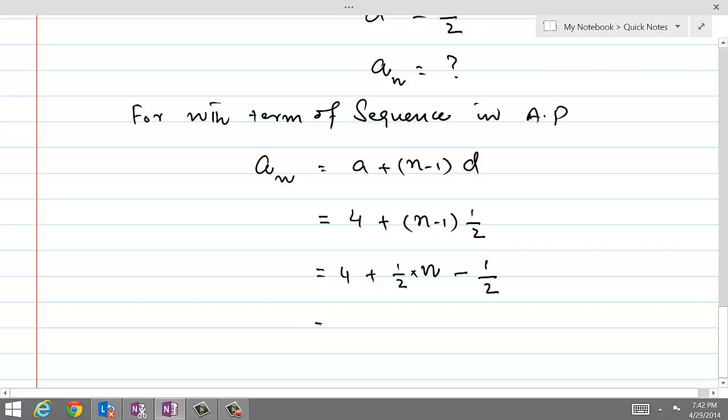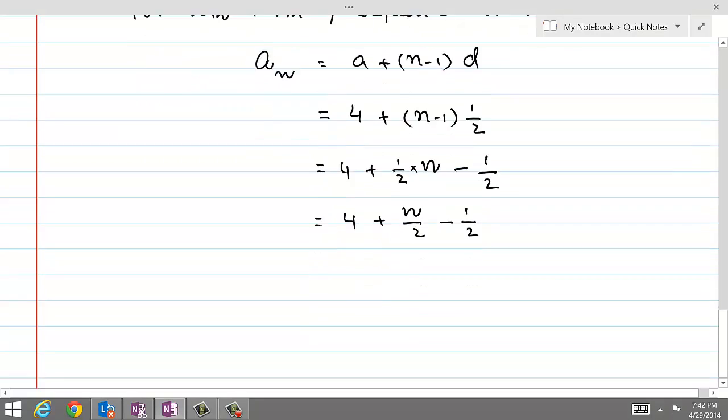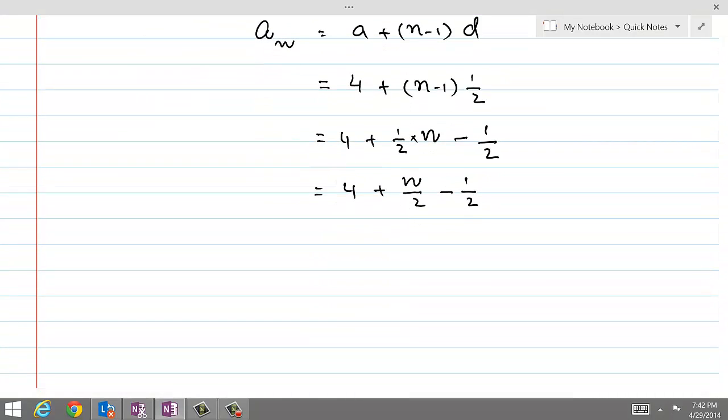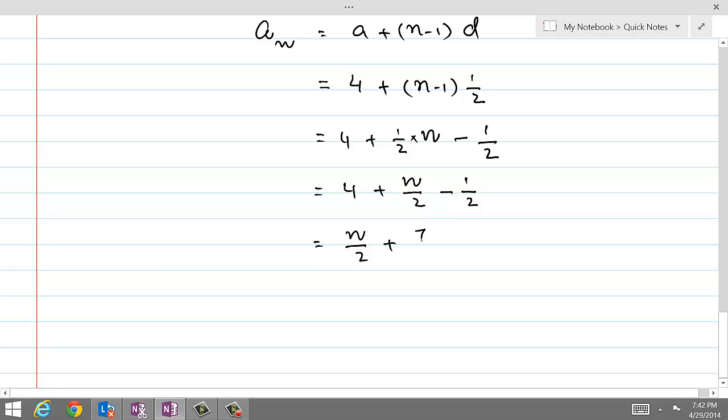So this will be equal to 4 plus N by 2 minus 1 by 2. And now, because 4 and minus 1 by 2 could be added, this would be equal to N by 2 plus 7 by 2, because 4 minus 1 by 2 is equal to 7 by 2.